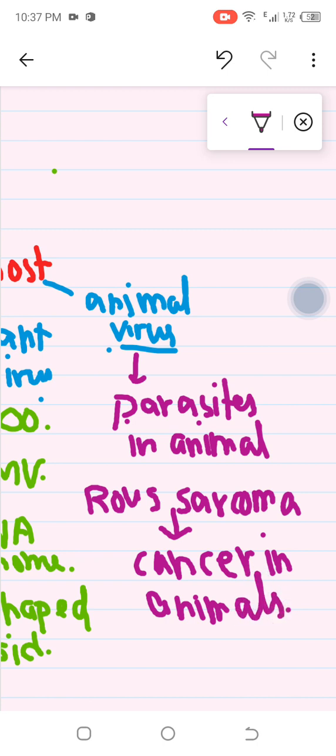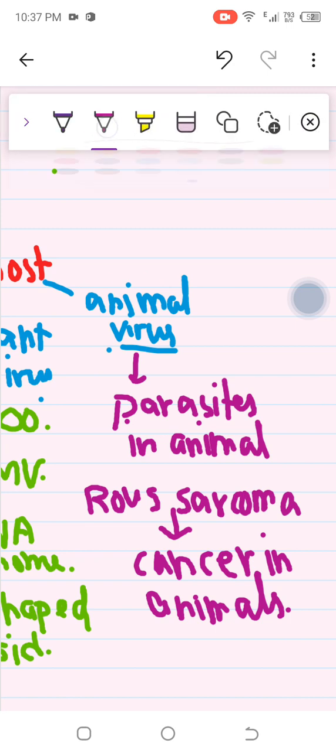And we have different other viruses which attack and destroy different types of cells in animals, like poxvirus which causes smallpox, hepatitis A, and paramyxovirus.